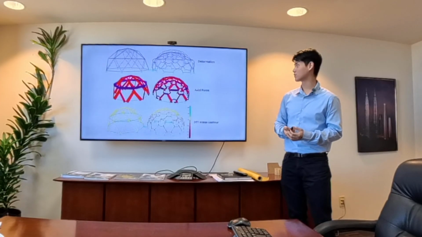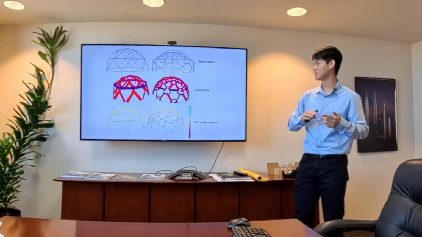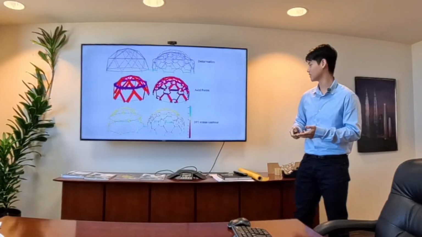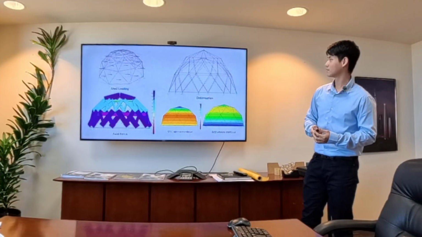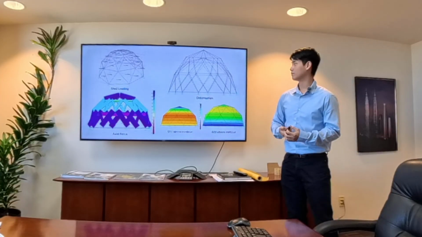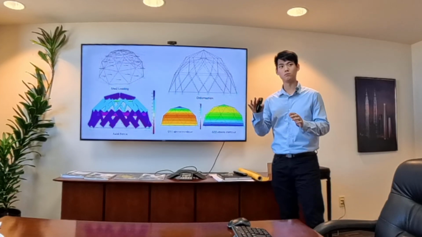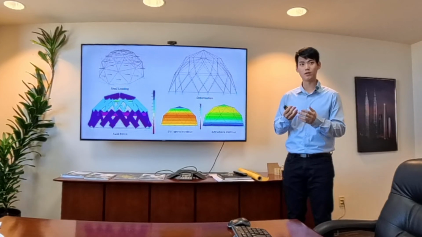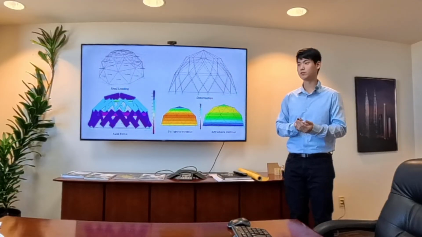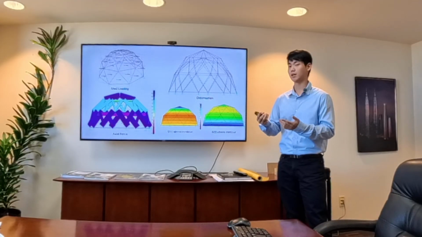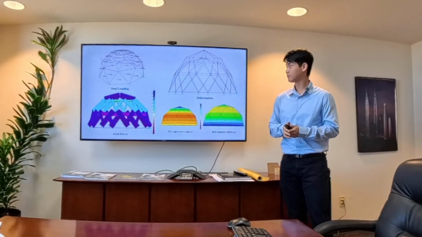Another structural analysis, observing the deformation, axial forces, and stress contours. And because this one is more akin to moon-based designs, on the moon, you would have to, well, I guess Mars too, but for the moon, you'd obviously have to pressurize the inside in order for humans to live inside.